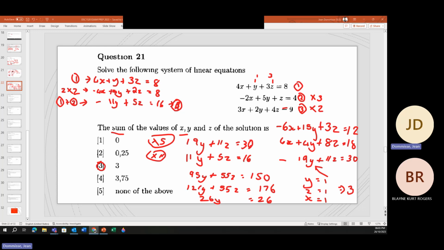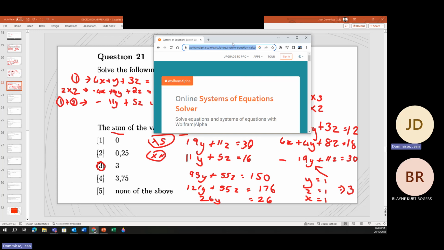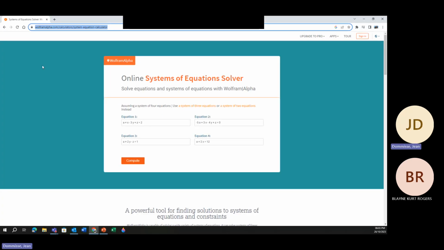I put it in the chat, this website, Wolfram Alpha. Always a very nice website to check for certain things.